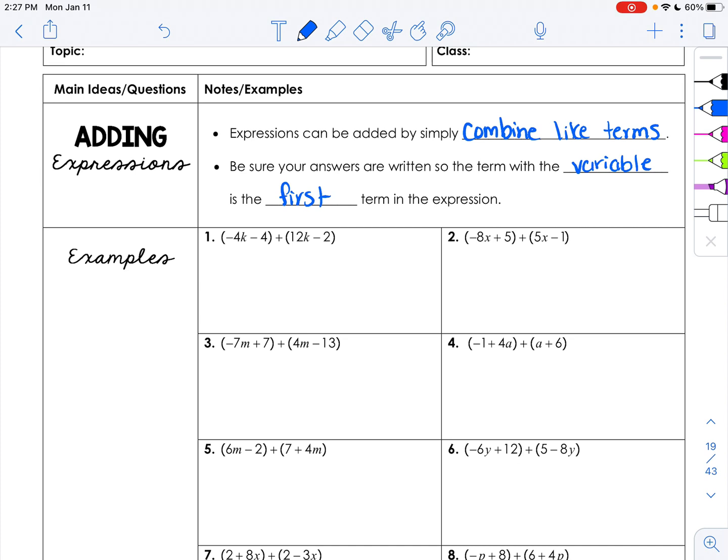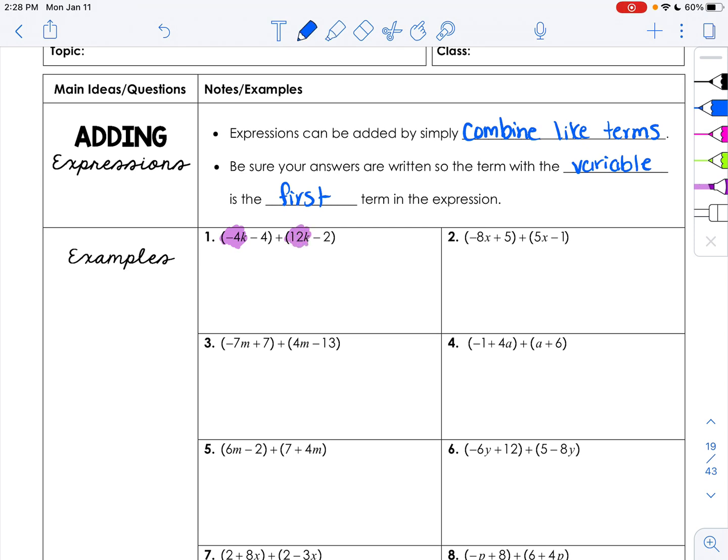Number 1, we're adding because of the addition sign in the middle, and we're adding two expressions, negative 4k minus 4 and 12k minus 2. Since we're adding, we simply need to combine our like terms. So we're going to start with our variable terms and combine negative 4k plus 12k.